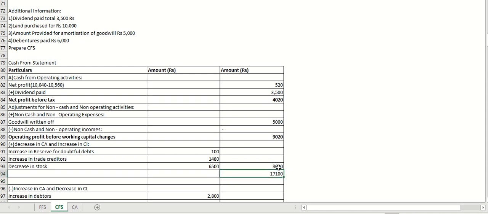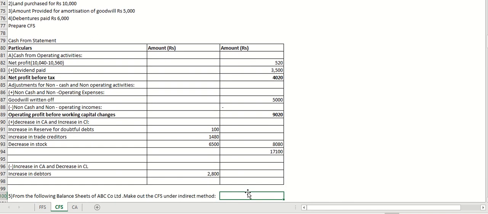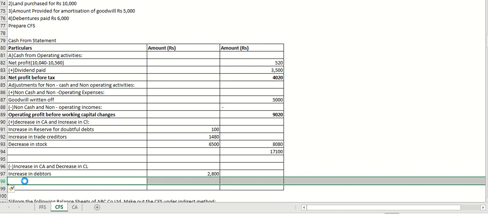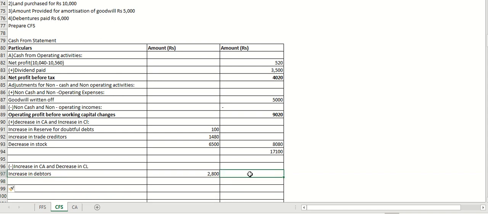So now we will minus this. 17,820 minus 2,800, you get 14,300 as your answer. So this is nothing but the net cash from operating activity.